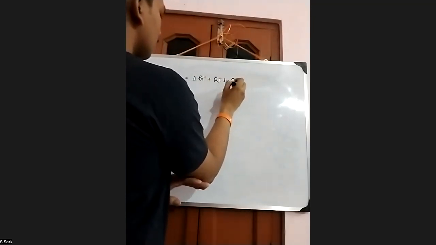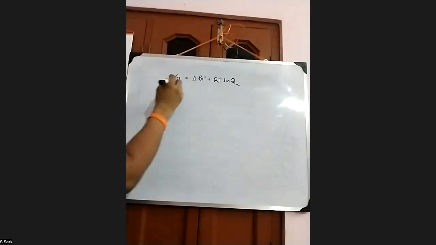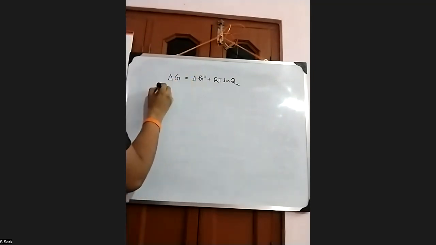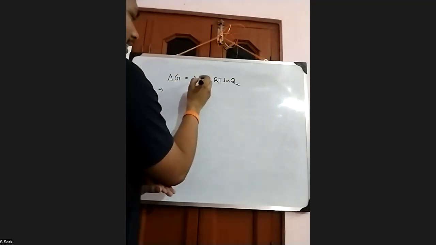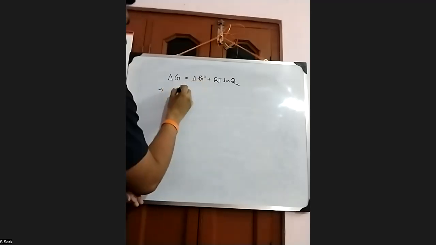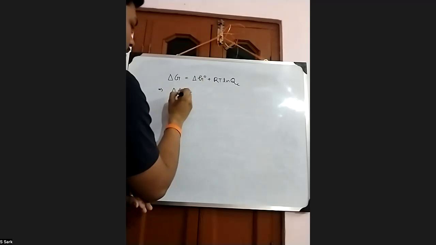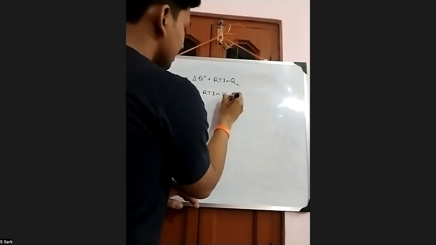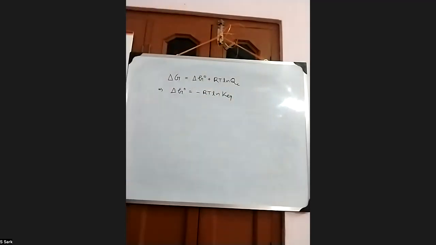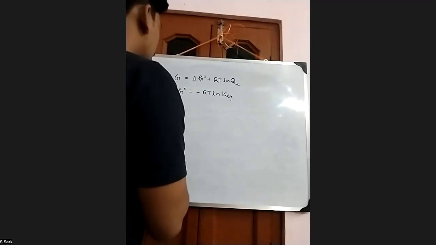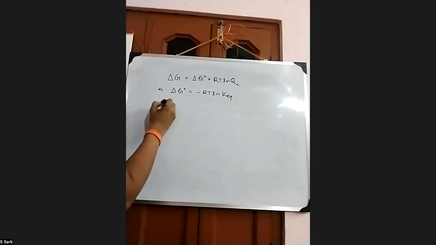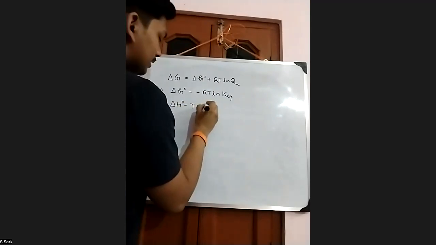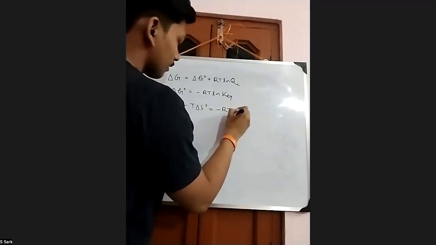This can give us the value of del G0, where del G0 is basically the standard Gibbs free energy for a reaction in equilibrium. So from this equation we can get the value of del G, and as we know from thermodynamics, del G is equal to del H minus T del S. So from this equation we can get the value of enthalpy also.